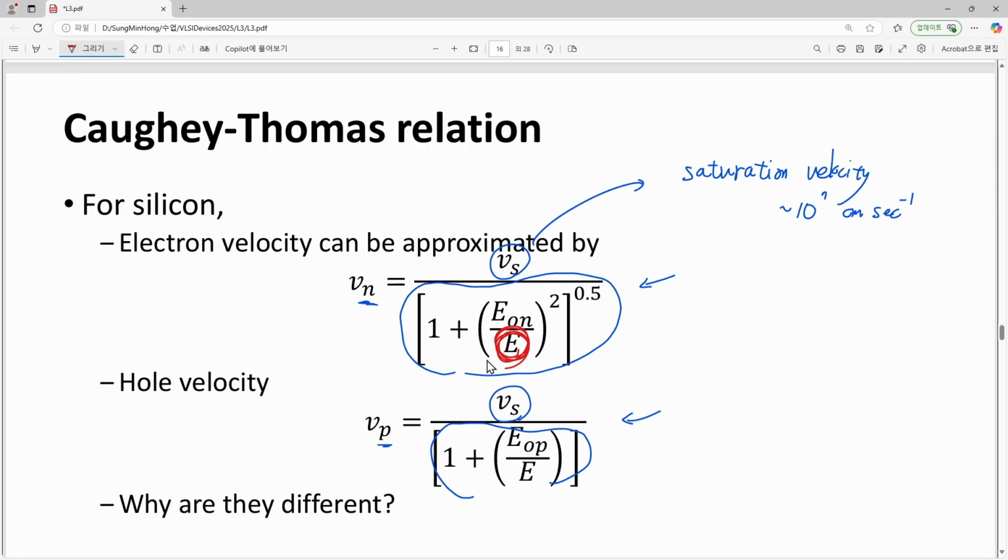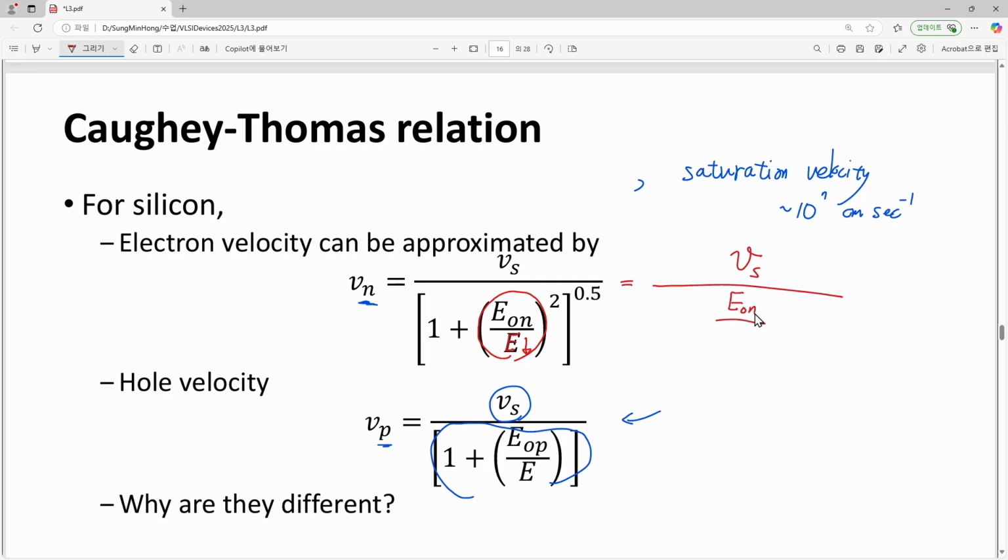So if we have quite a low electric field, a small electric field, then what will happen? Actually, this number becomes quite large because it is located in the lower part. So compared with this number 1, for small values of E, it will just become E over E. Are you with me?